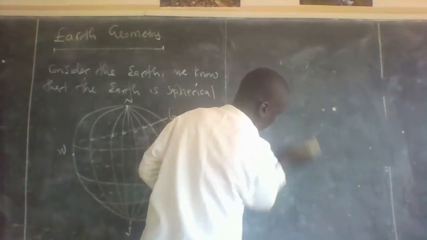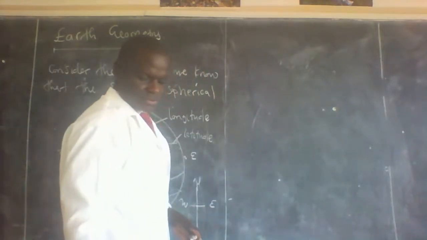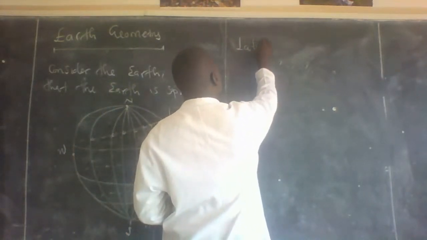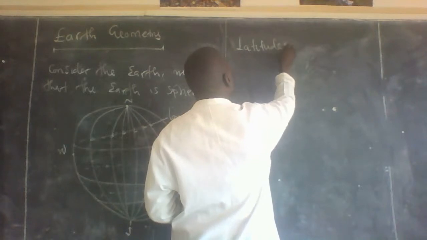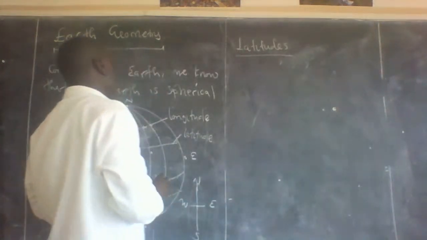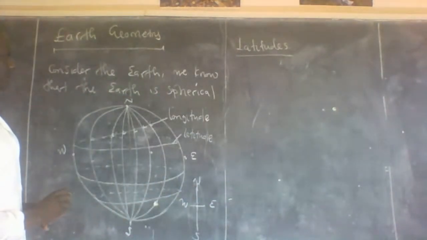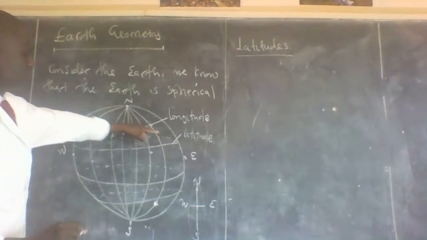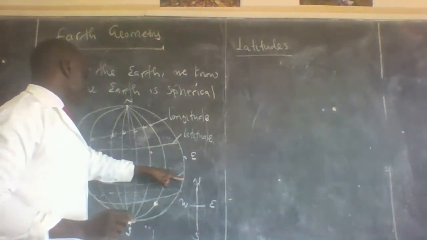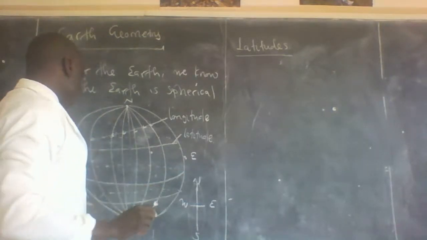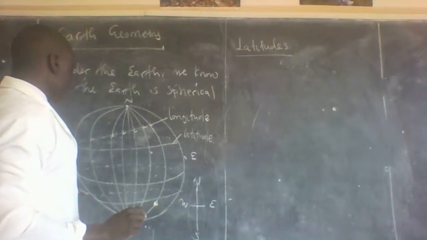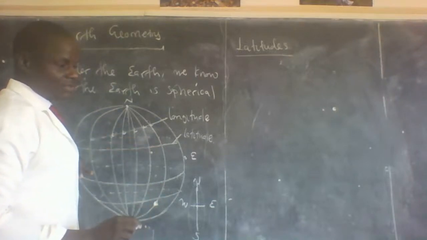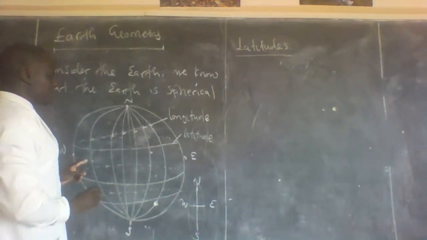Latitudes. What's the opposite to longitudes? These latitudes that are positioned horizontally, we can call these horizontal lines on the Earth crust. But how are they?